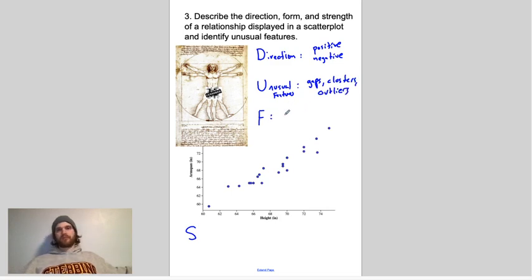Form is the shape, kind of like what pattern these points are following, and you really have a lot of options. You have linear, and that's kind of what we would expect to see, but it's also possible to have nonlinear data, and that nonlinear data could look like quadratic, but most data is probably not quadratic.